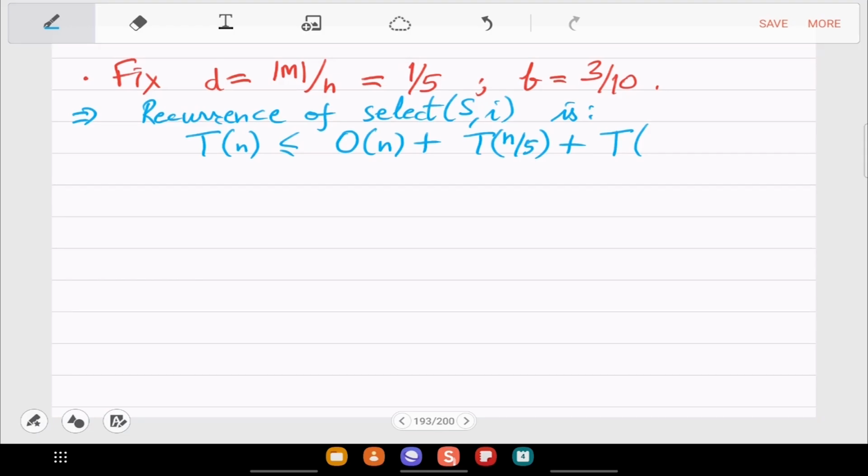If B is 3 by 10, the other part is the other bigger one, so 7 by 10. And you have to notice that 1 by 5 plus 7 by 10 is less than 1. Okay. So we have the hallowed recurrence, which will give you Tn equal to order n.